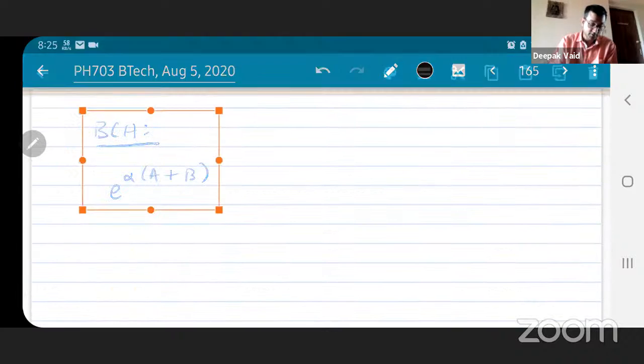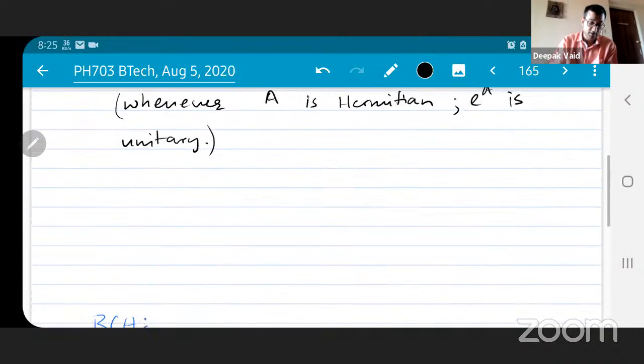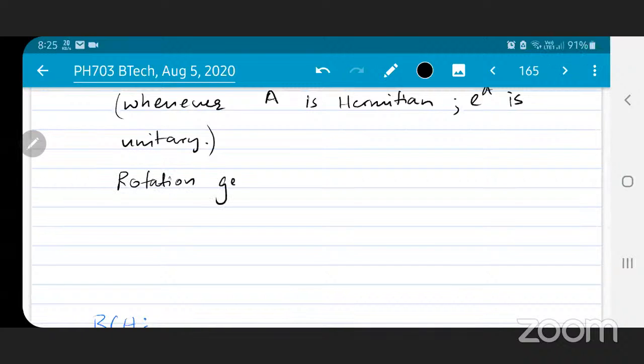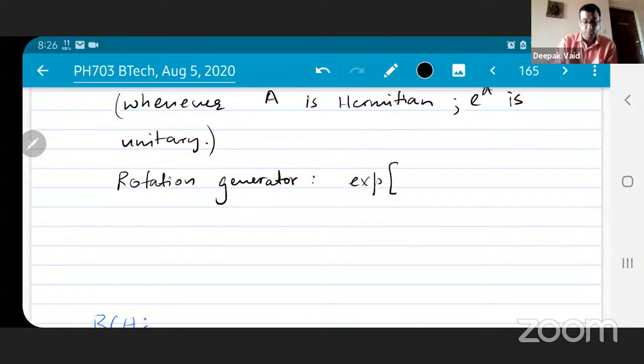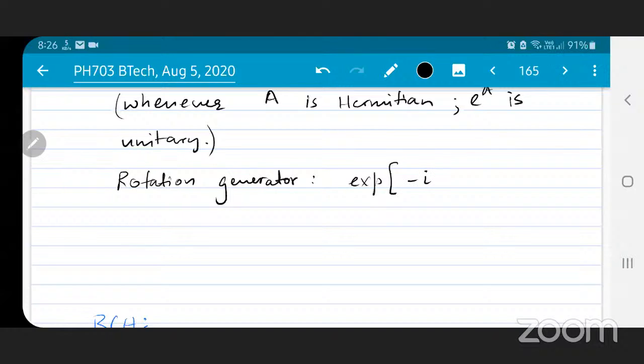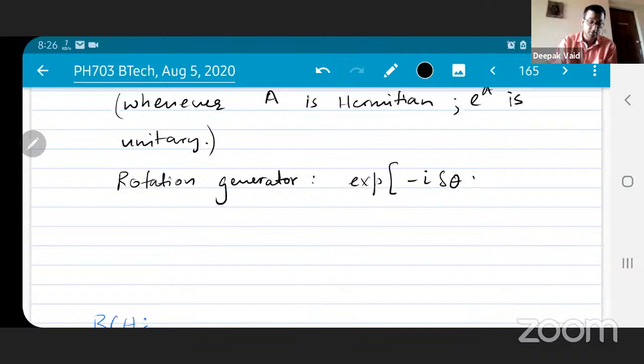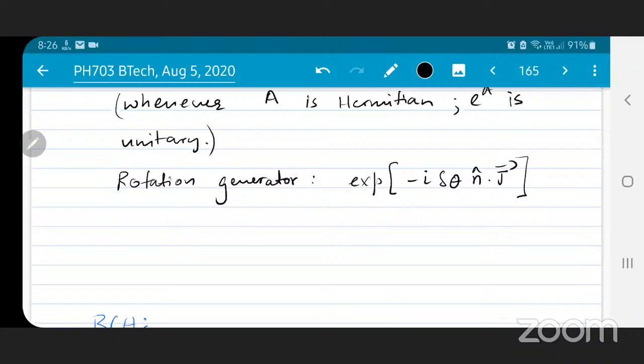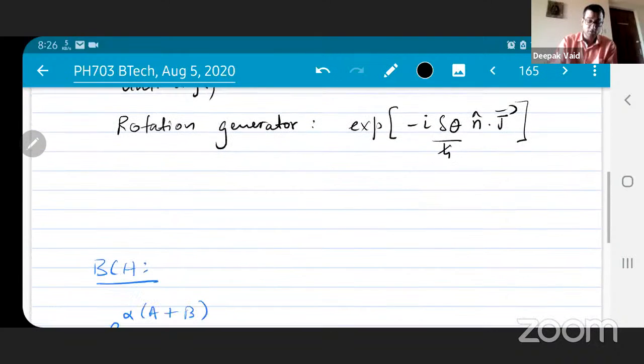Other examples, okay, so this is becoming a long sidebar, is a rotation generator, which is exponent minus i delta theta n hat dot J, and then what does this operator do?